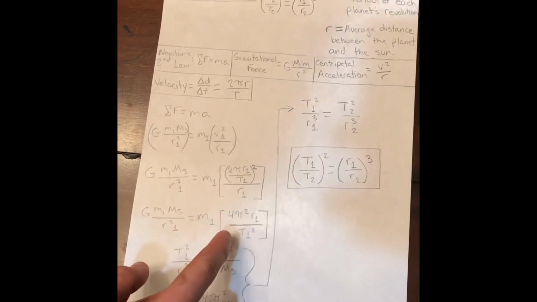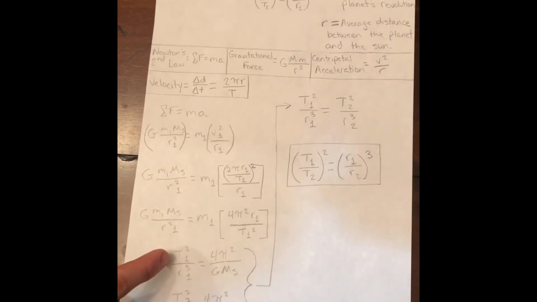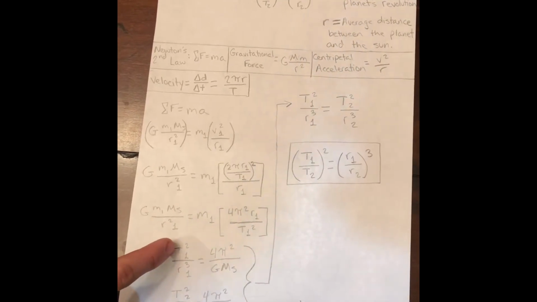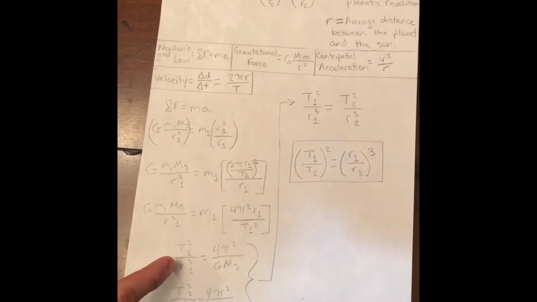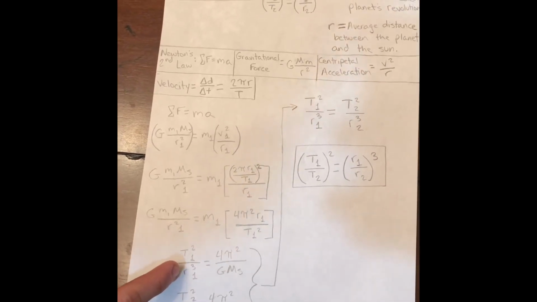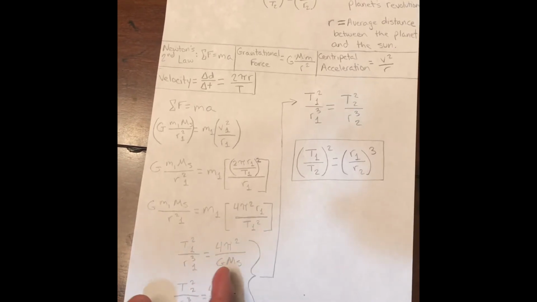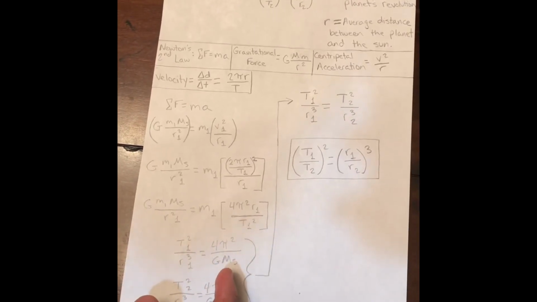And then after solving down a bit, crunching some numbers, we end up getting the period of a planet squared over the average distance of the planet from the sun cubed equals 4 pi squared over G times the mass of the sun.